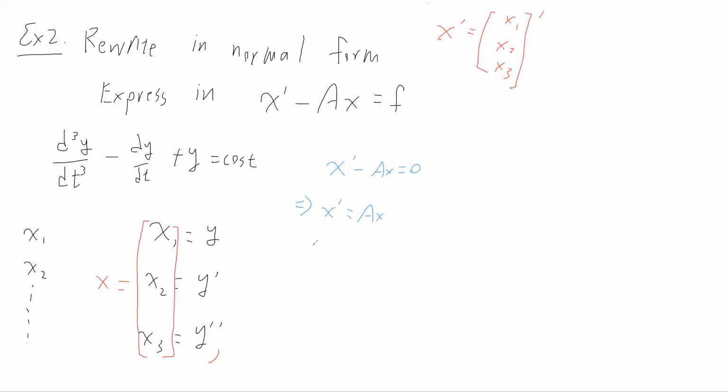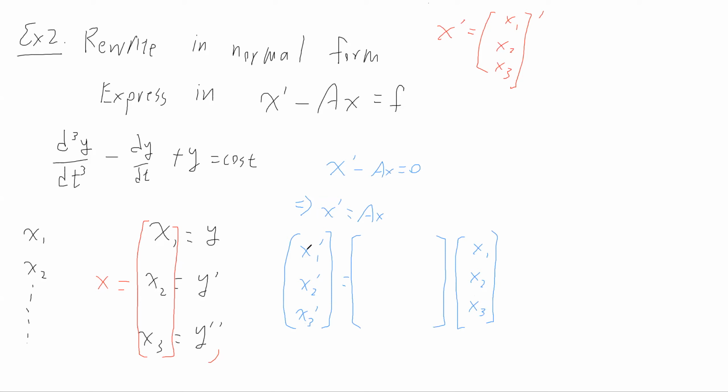Okay, and let's write this out. So x prime is x1 prime, x2 prime, x3 prime, is equal to some matrix A multiplied by x1, x2, and x3.